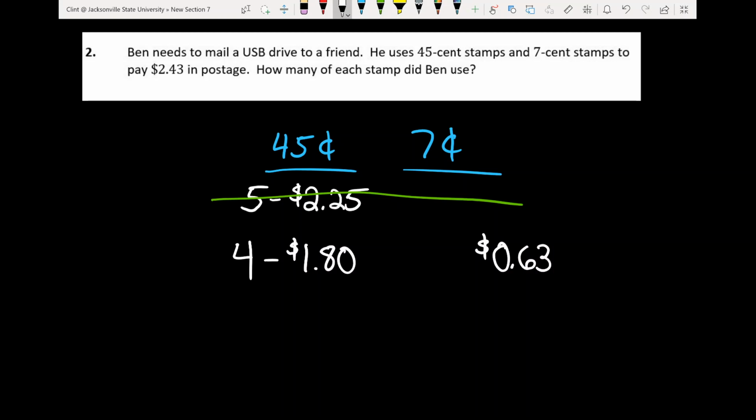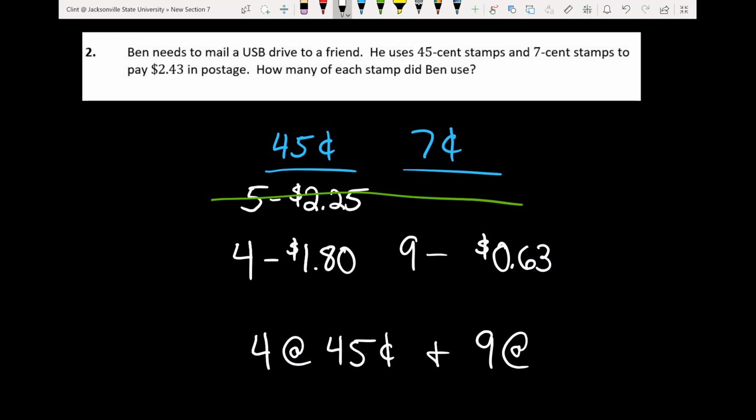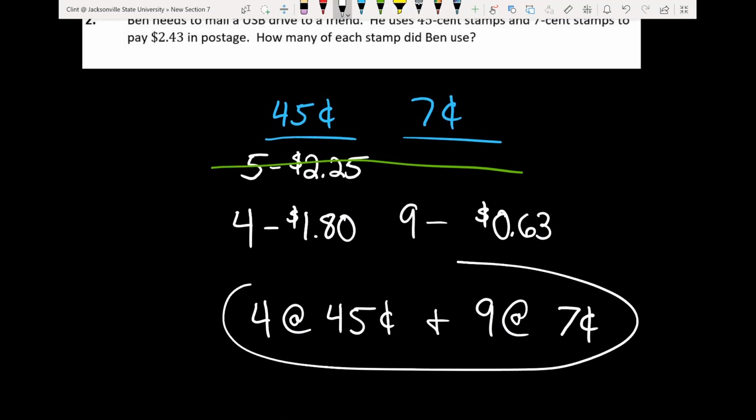Yeah, 63 divided by 7 is 9. So we could use 9 of these 7-cent stamps. So we would use 4 at 45 cents and 9 at 7 cents. You can just use trial and error on that one. No big deal there.